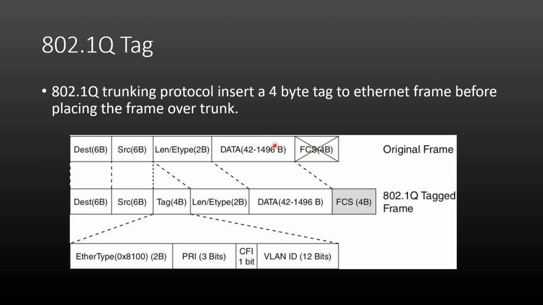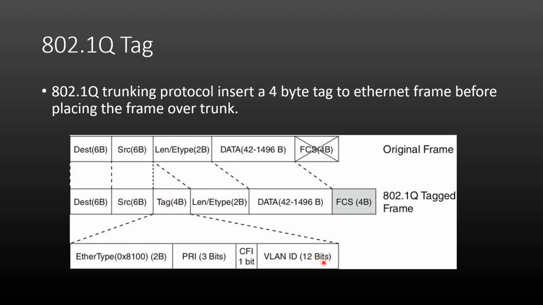Before placing this frame over the trunk, the source switch will insert a 4-byte VLAN tag. The 4-byte VLAN tag uses 12 bits to indicate the VLAN number.